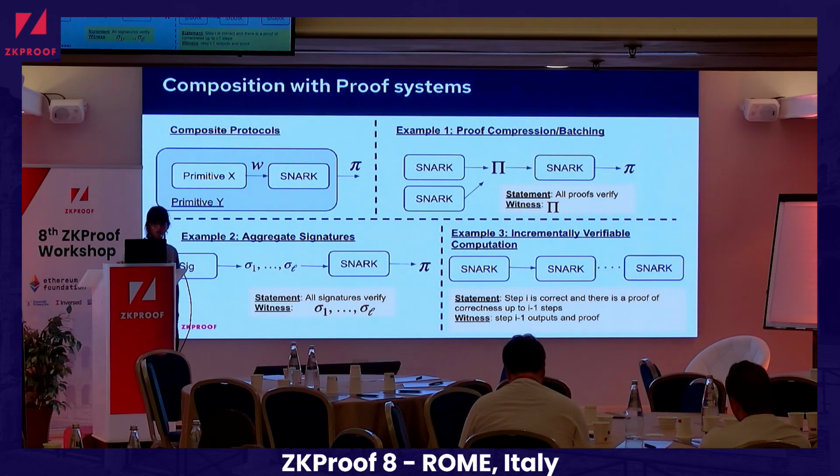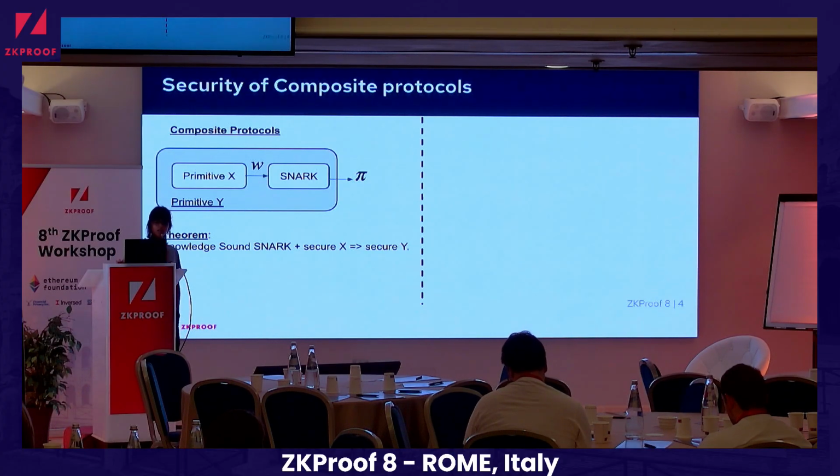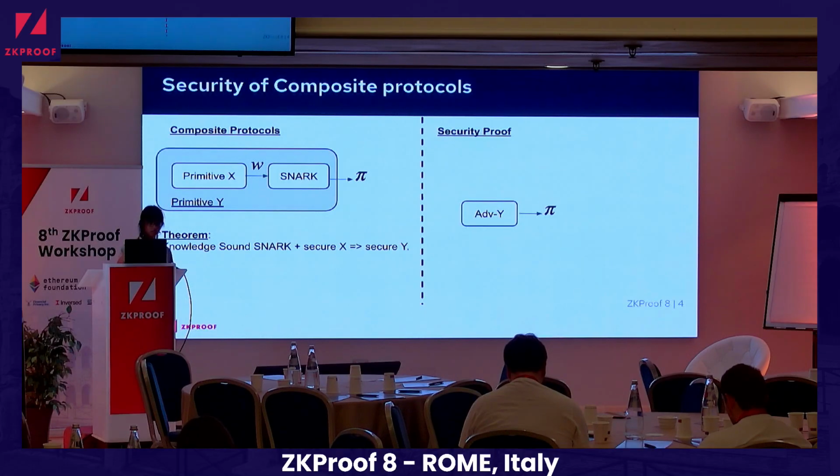So how do we prove security of such primitives? Intuitively, what we want to say is that if the SNARK is knowledge sound, which is the most basic security definition for SNARKs, and if this underlying primitive X is secure for whatever relevant definition, then that should imply security for Y. You would prove this by building a reduction: for contradiction, let's assume there's an adversary against primitive Y who outputs this final output, little pi.